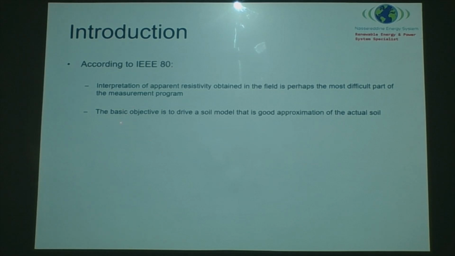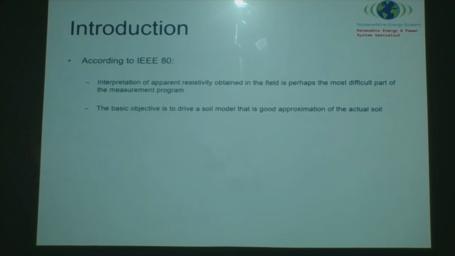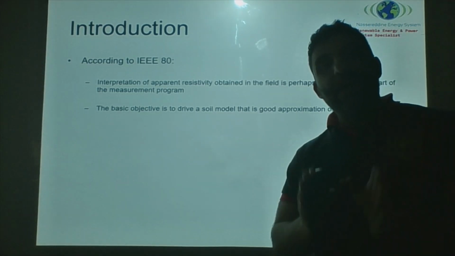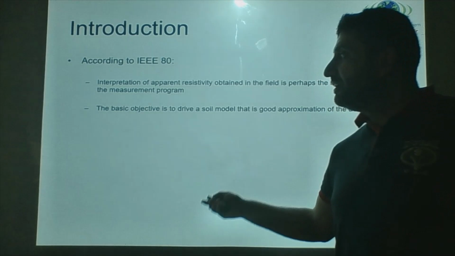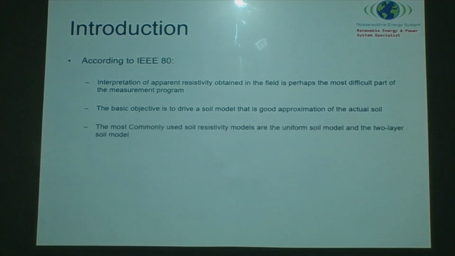The basic objective is to derive a soil model that is a good approximation of the actual soil. No one knows what's underground. That's why it's very important for us to have a good approximation of the actual soil if we are going to design an adequate earthing system.